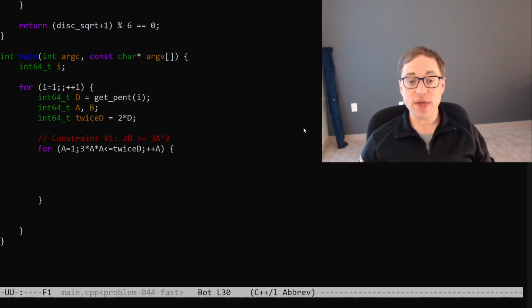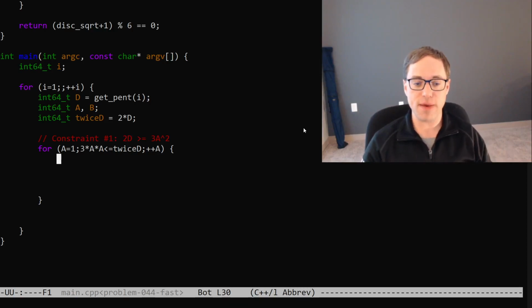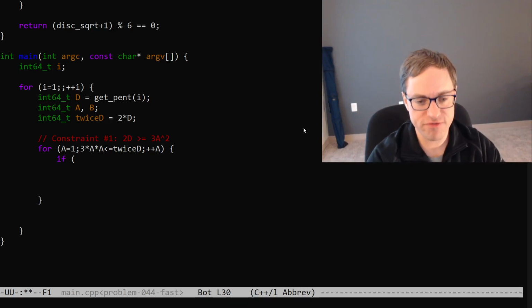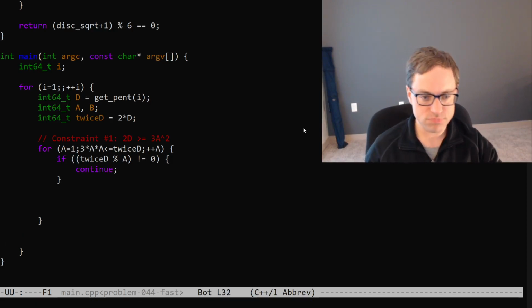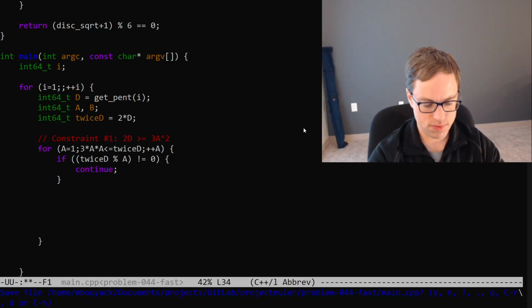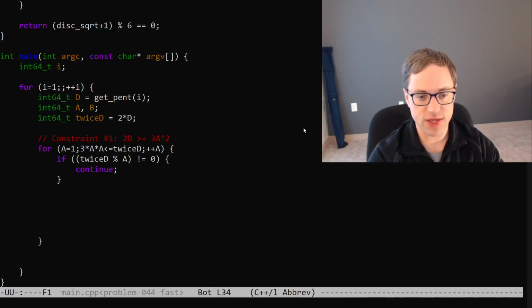So first we have to check that a actually is the first member of a factor pair. So we'll say if twice_d mod a is not equal to 0, that is, if it does not divide evenly, then we're just going to try the next possibility. If it does divide evenly, we'll say b is equal to twice_d divided by a.